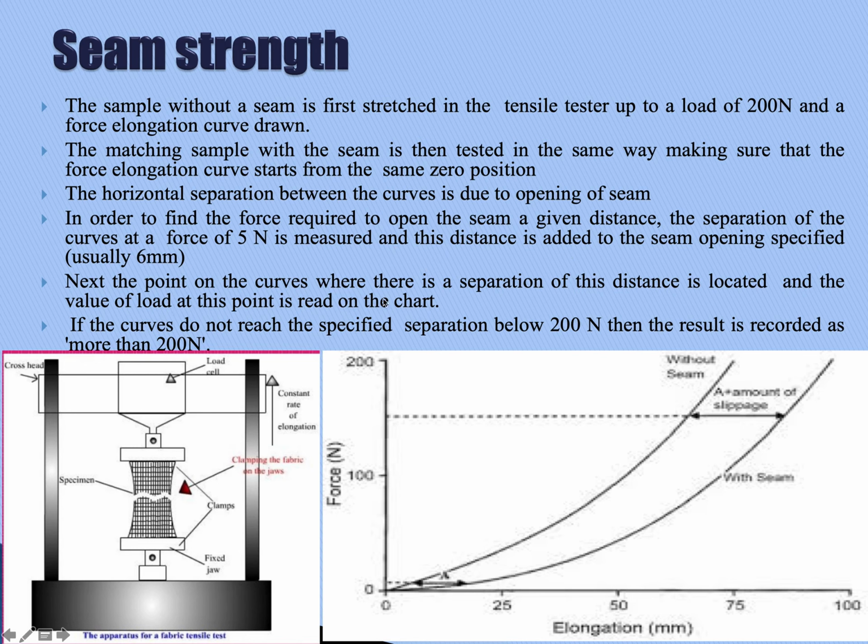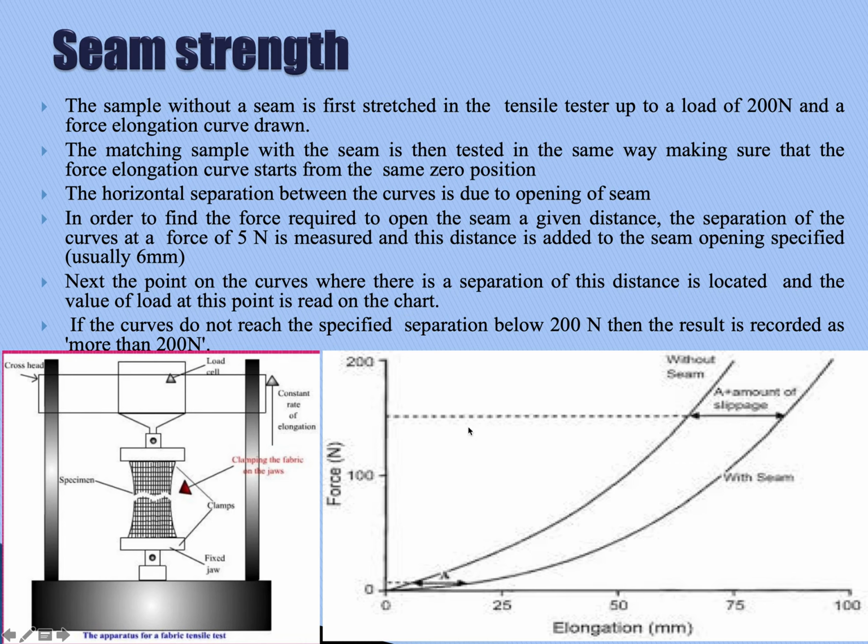Next, the point on the curve where there is separation of this distance is located, and the value of the load at this point is read on the chart. This can be beyond 200 newtons or below 200 newtons. The point where there is horizontal separation between the two curves is noted, and analogous to that, the force can be determined from the y-axis.